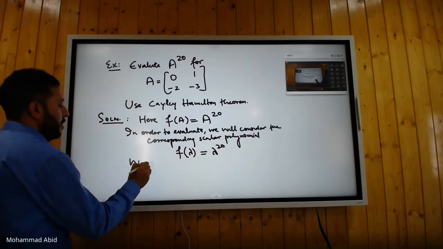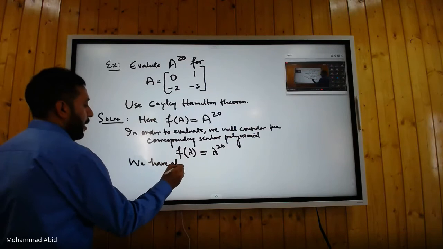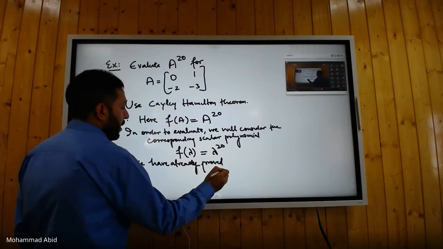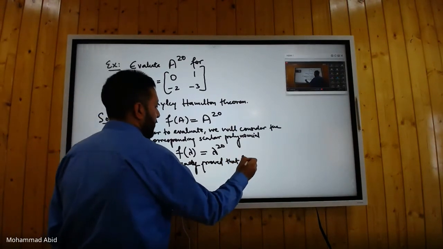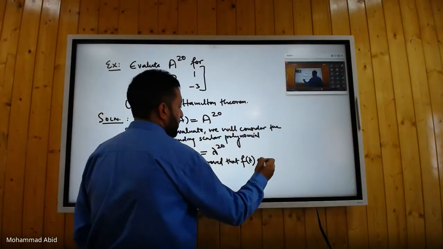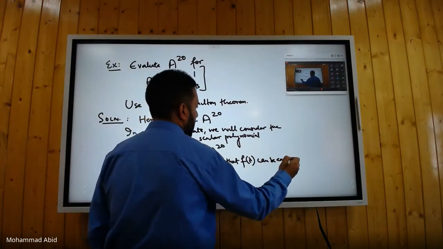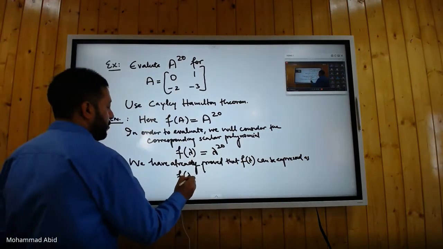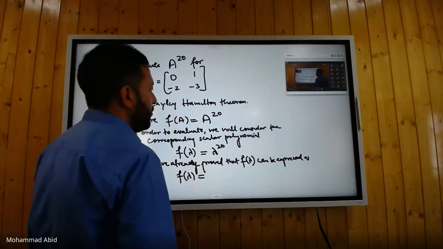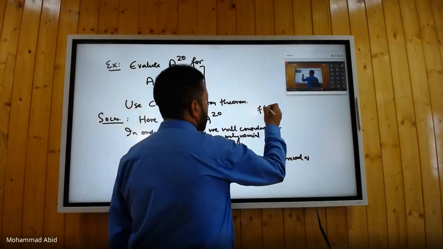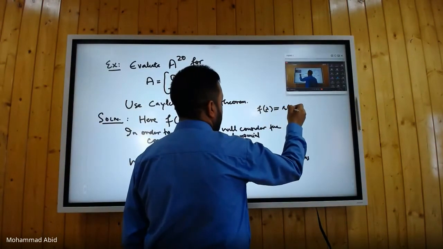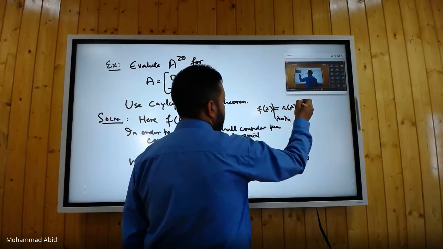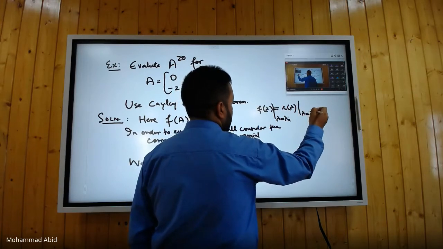We have already proved that f(lambda) can be expressed as, how can we express this? What we just proved is that we can write f(lambda) equal to r(lambda) when evaluated at lambda equal to lambda i, where lambda i is the eigenvalue.